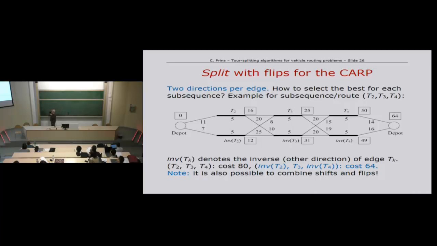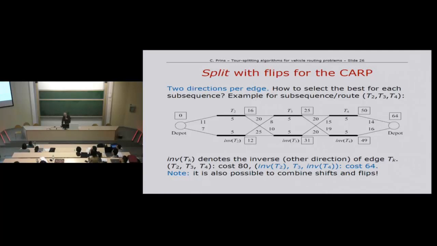And the idea here is that computing the cost of the subsequence is very easy. For the upper subsequence, you just sum the cost of the edges. But now I want to select at the same time the best traversal directions. So for this, you just build a small graph like this, and at the end of each edge, you put the cost to go to the first node of the next vertical layer of edges.